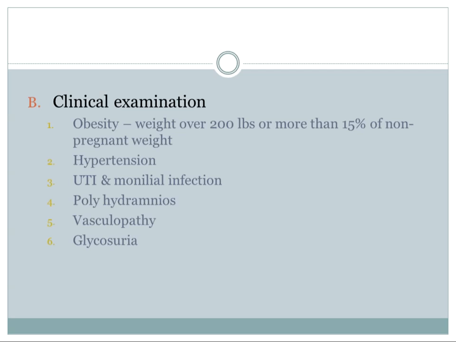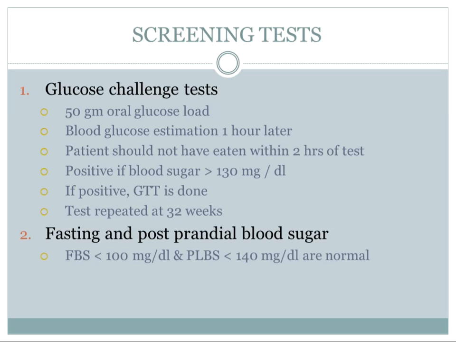You have done a fundal examination and found that retinopathy is there, or urine examination has shown glycosuria. So all this on clinical examination will make you suspect. These are all the risk factors to detect a patient who is diabetic.